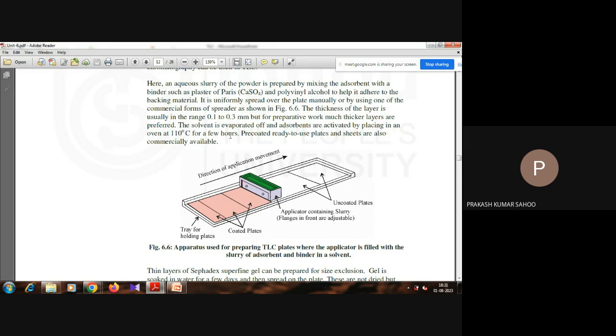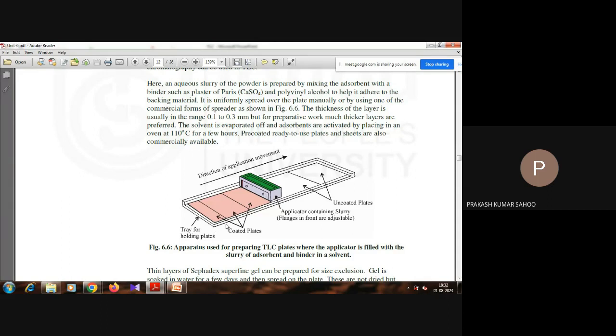So these TLC plates are also commercially available. If we want to prepare one TLC plate, we have to prepare the slurry with plaster of Paris, polyvinyl alcohol, and the adsorbent like silica gel, and put this slurry in this applicator.